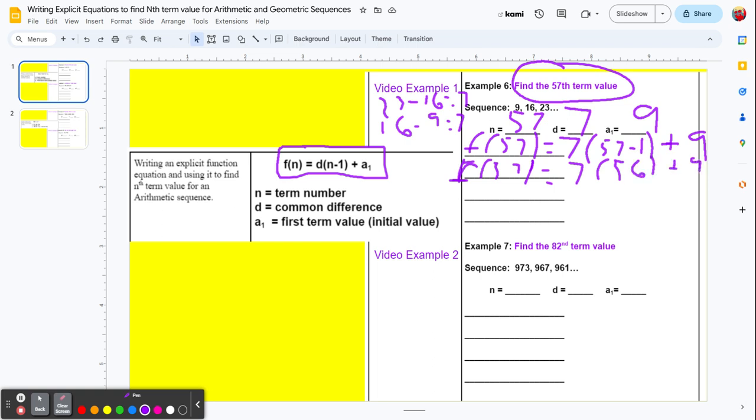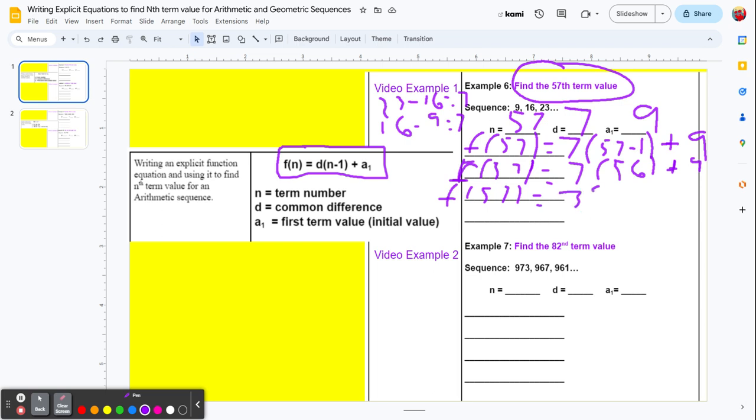plus 9. So now f of 57 equals 7 times 56 is what we do next. Order of operations: do multiplication before addition. So 7 times 56, let's see if I can do this in my head. 7 times 50 is 350, and 7 times 6 is 42, so that's going to be 392.